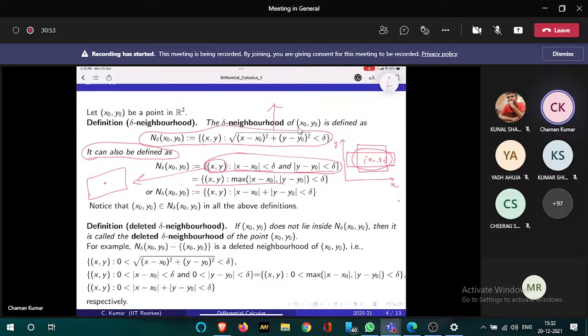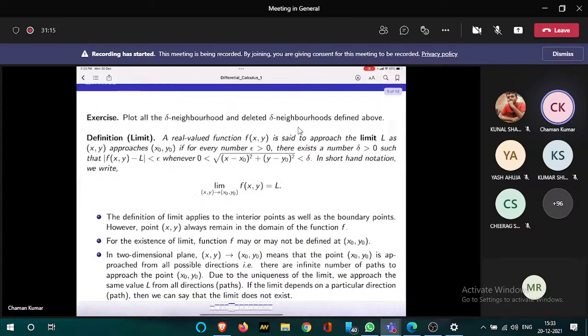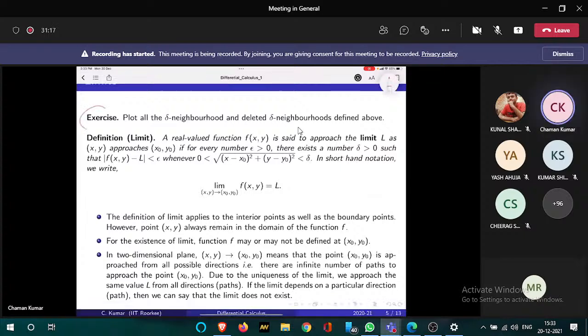Similarly, you can define the neighborhood in this way also, and this will give you an entirely different shape. And the other way you can also say that you have this. No, this will give you the same shape at most, but this last one will give you a different shape. Okay, so I put this as an exercise in the next slide: plot all the delta neighborhoods and deleted delta neighborhoods defined above.